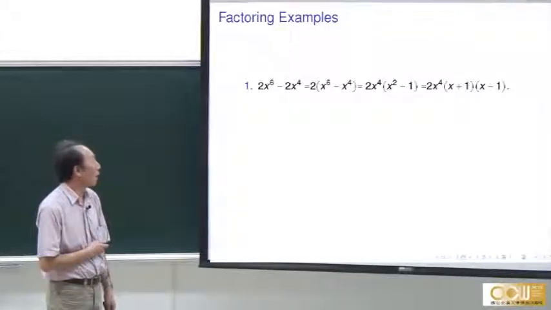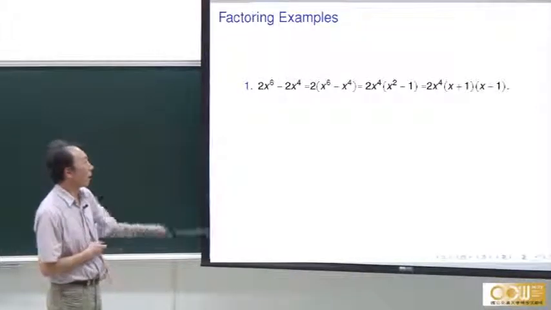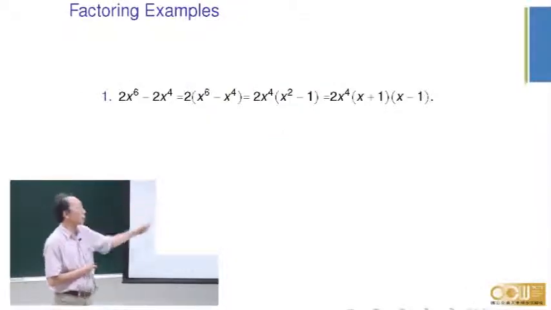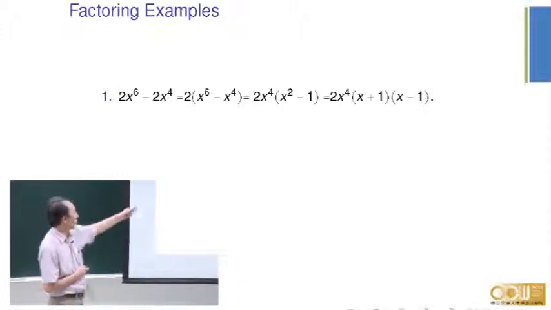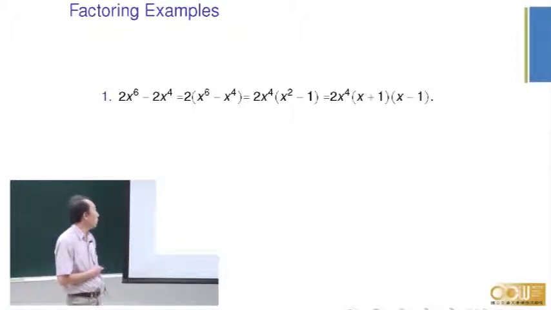Now we talk about factoring examples. We try to factor this difference of these two quantities by observing that they have common factors. For the scalar, it is 2.